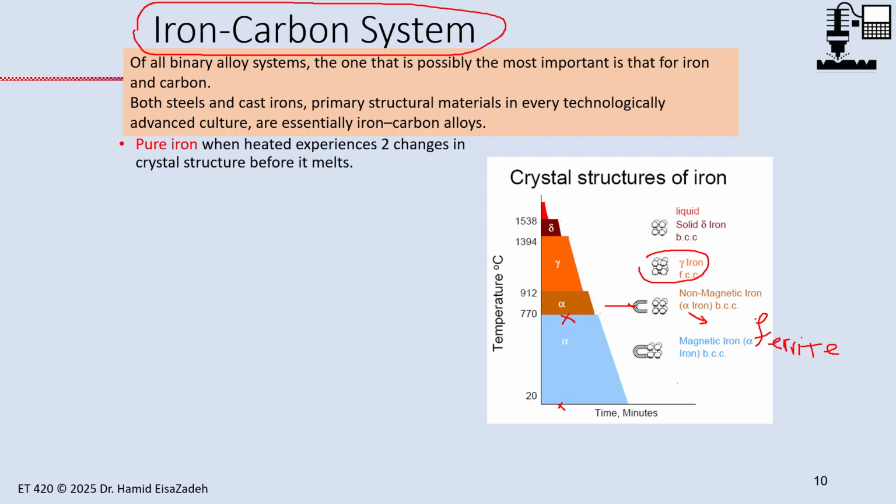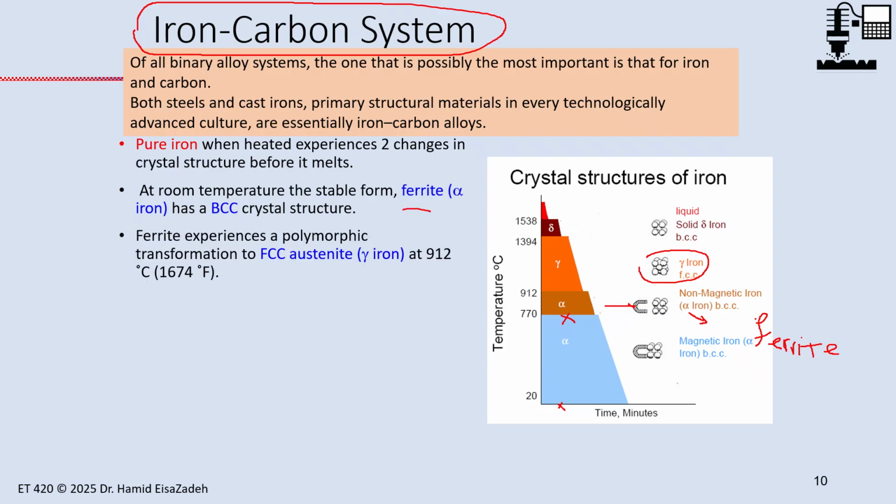I explain their properties in this slide one by one. These structures have unique mechanical properties. Some of them are hard, some of them are tough, some of them are soft. At room temperature, we have a BCC crystal structure, and it's called ferrite.